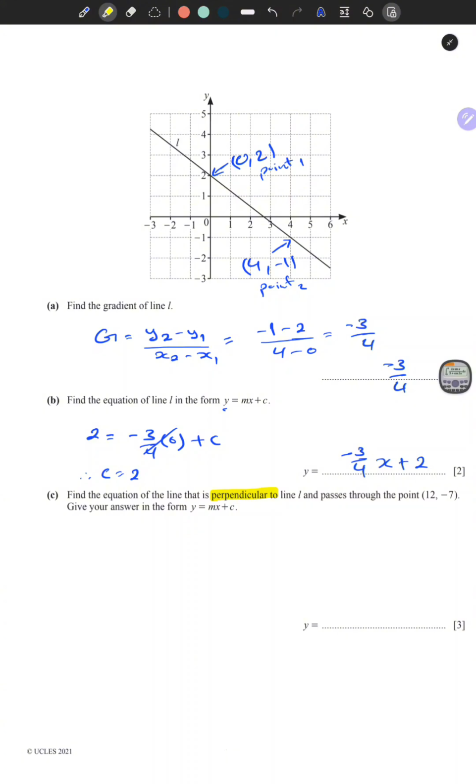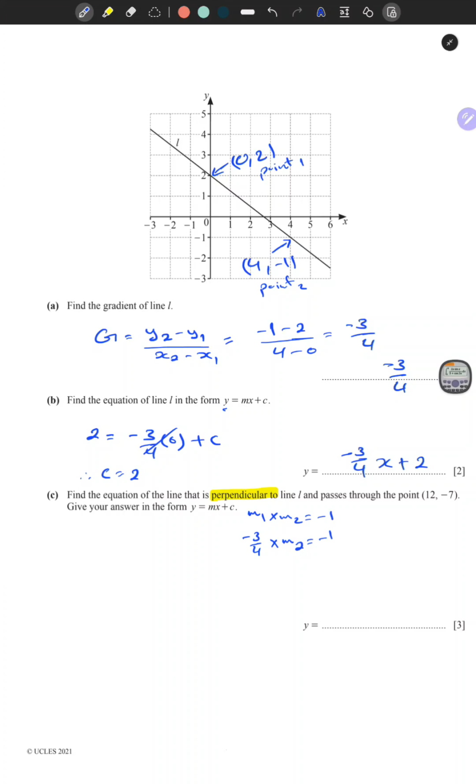That rule says m1 times m2 is equal to -1. So I have m1, which is -3 over 4, times m2 is equal to -1.